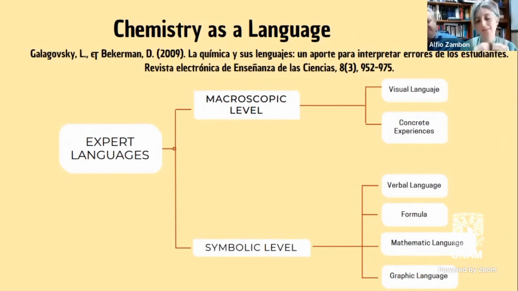And also it gives us the perspective of what we are asking of our students. Because when you're teaching chemistry for a long time, you tend to forget all the things that are involved for beginners to learn chemistry.